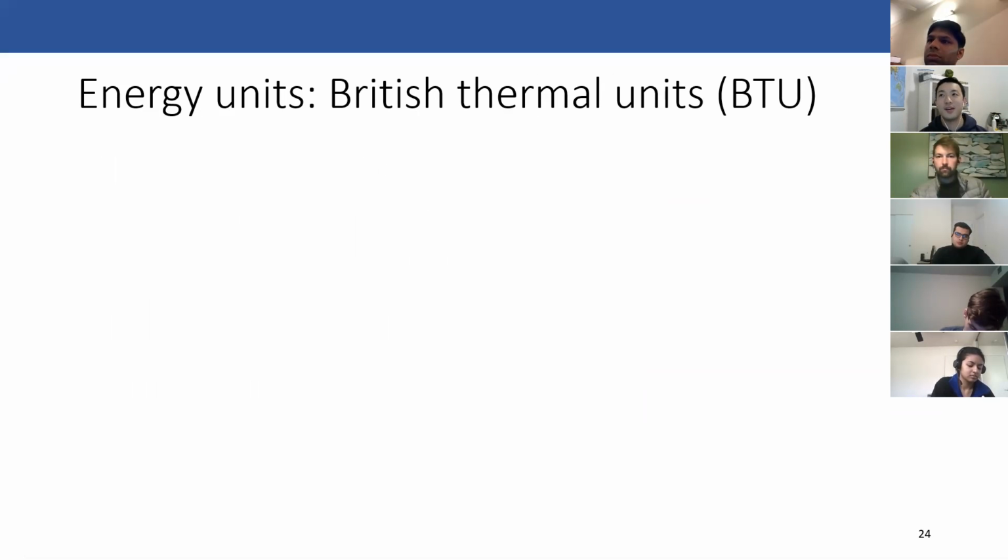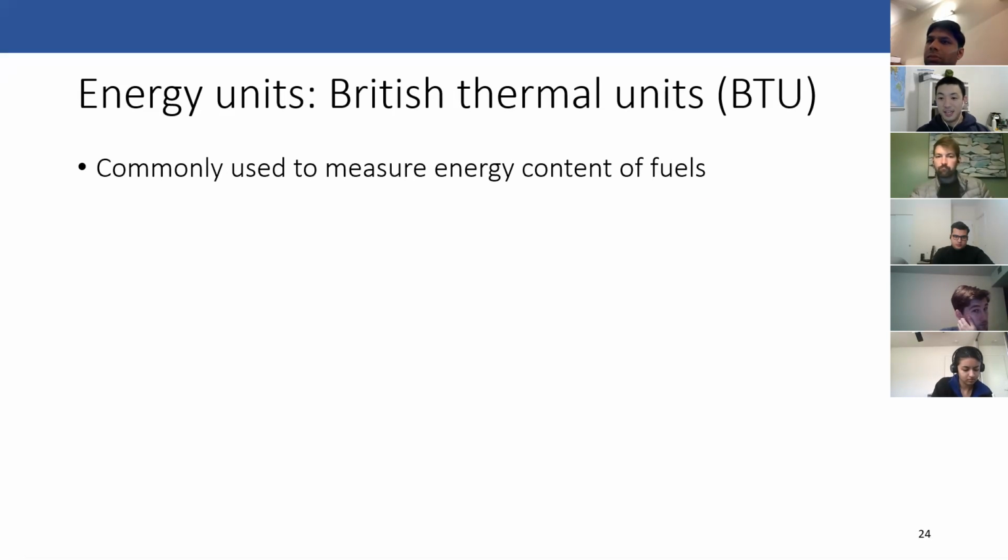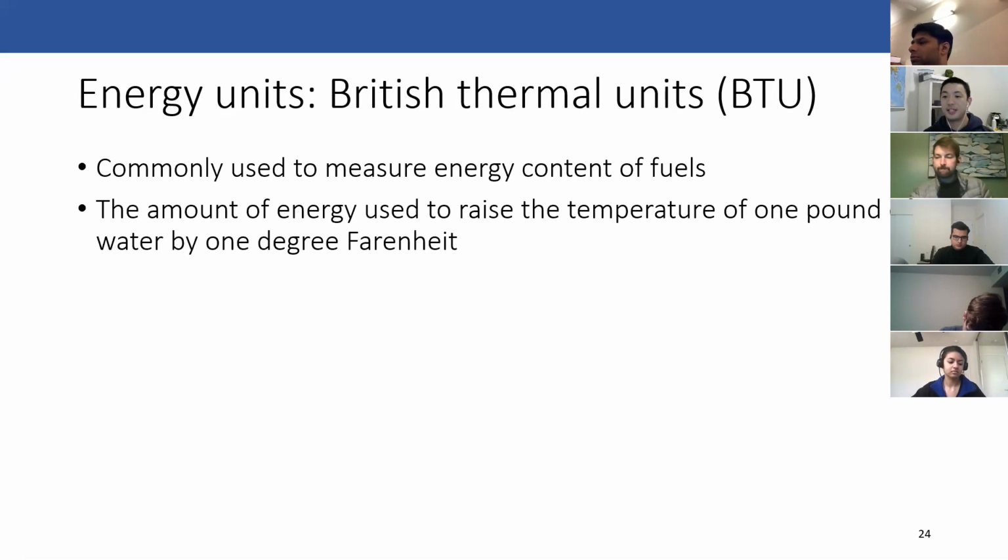Okay, and the last one in common usage for energy modeling is British thermal units. So this is commonly used to measure energy content of fuels. This is kind of the imperial version of a joule. It's the amount of energy used to raise the temperature of 1 pound of water by 1 degree Fahrenheit.